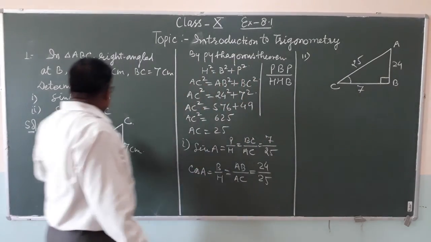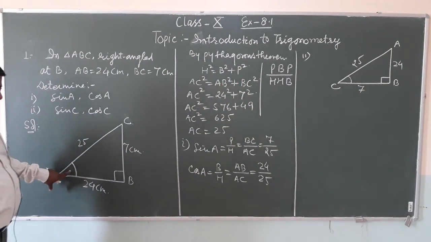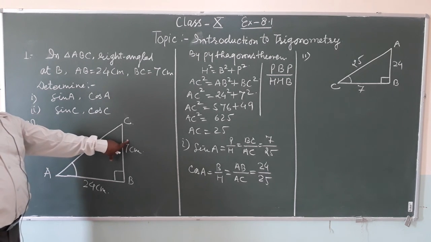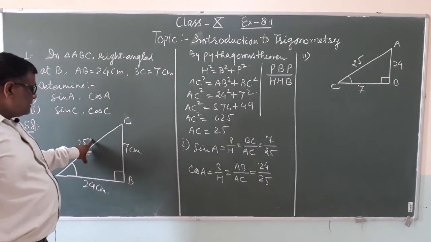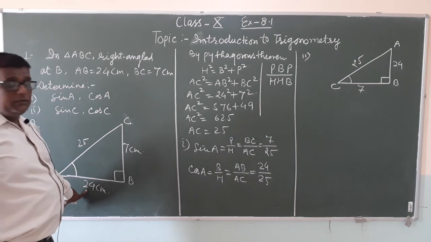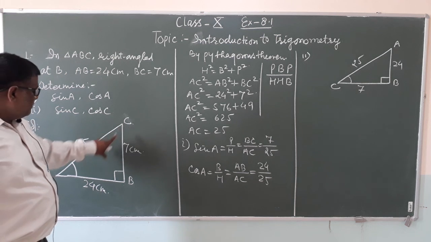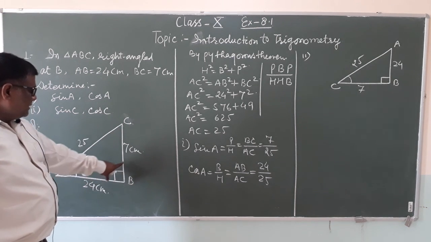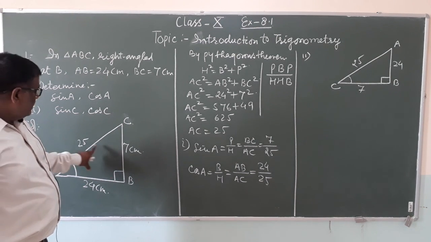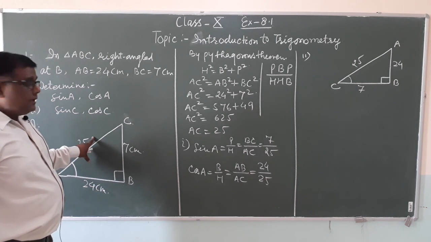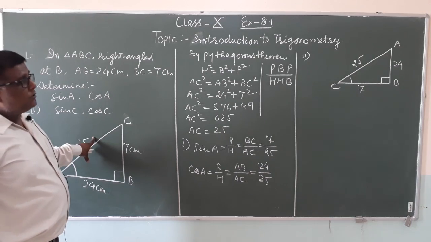In this case, look here, if we take angle A, the perpendicular is BC, hypotenuse AC and base is equal to AB. And if we take angle C, the opposite side is the perpendicular, the related side is the base, and the side opposite to the greater angle is also greater, so this is the hypotenuse.